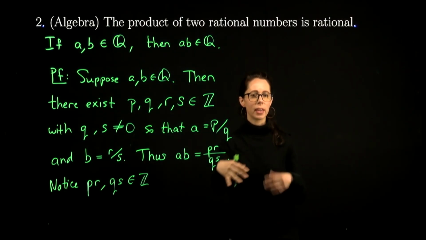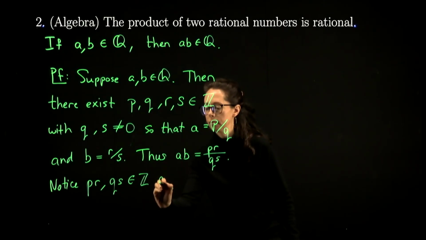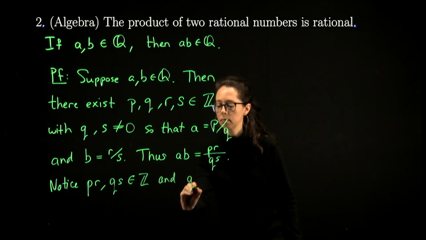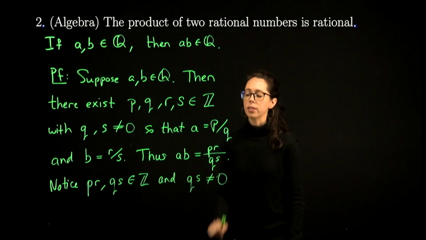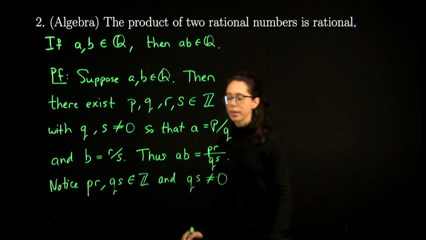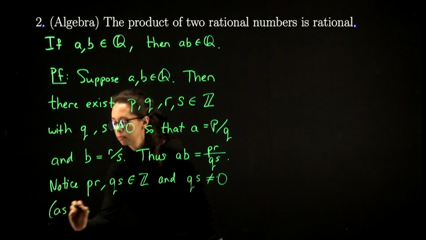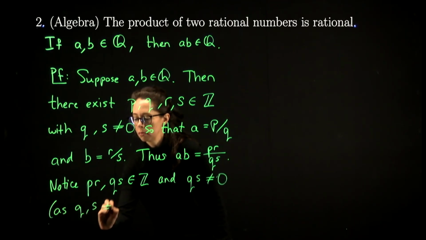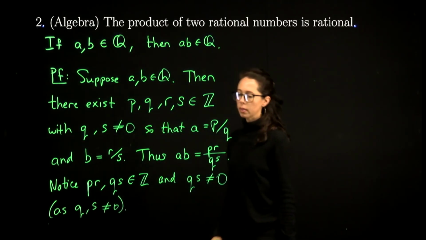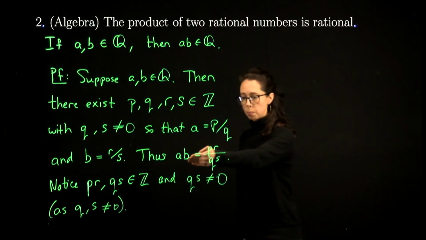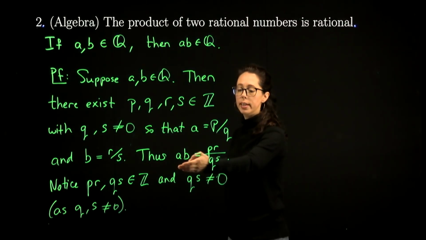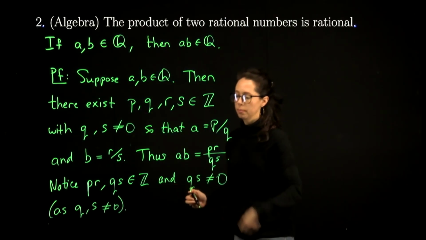Don't skip that. Make it explicit for the reader. I think stating it is enough, but if you'd like to, you can mention it's because neither Q nor S is 0. No long conclusion here. We have expressed the product, AB, that we were interested in as a ratio of integers, so we're done.